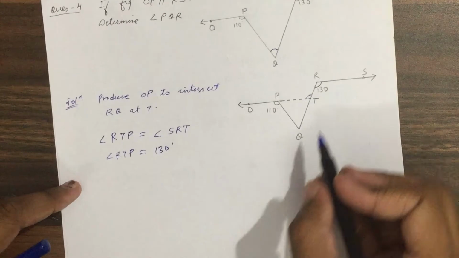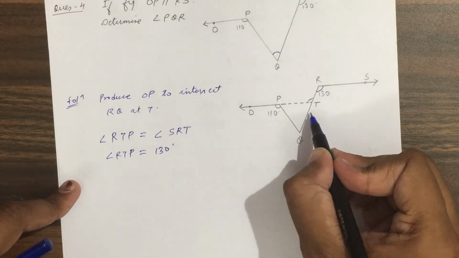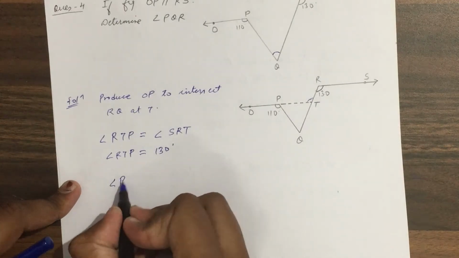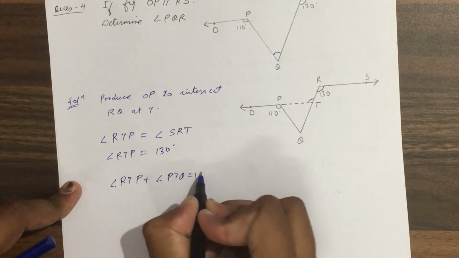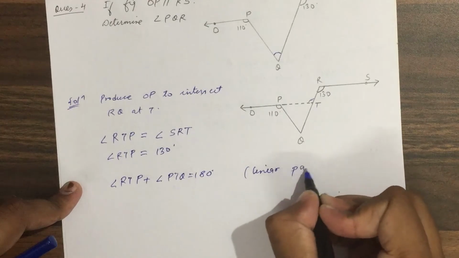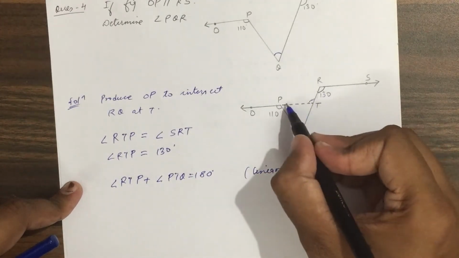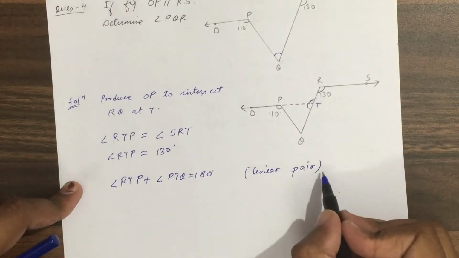Okay. Now you can say that angle RTP plus angle PTQ will be equal to 180 degree. Why? Linear pair. Reason? Linear pair. Angle RTP plus angle PTQ means this angle plus this angle will be equal to 180 degree.